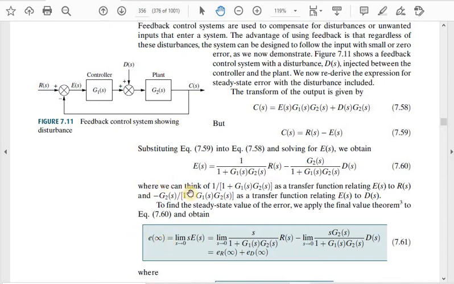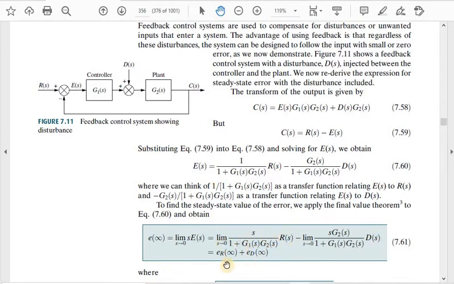So that's why we apply the final value theorem, so that we get the final value. We normally represent it as e infinity, that is the limit as s tends to 0 of s E of s. So this is E of s multiplied by s, and apply the limit.